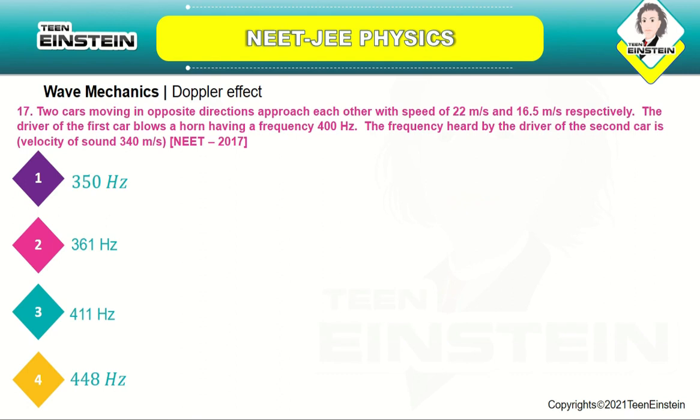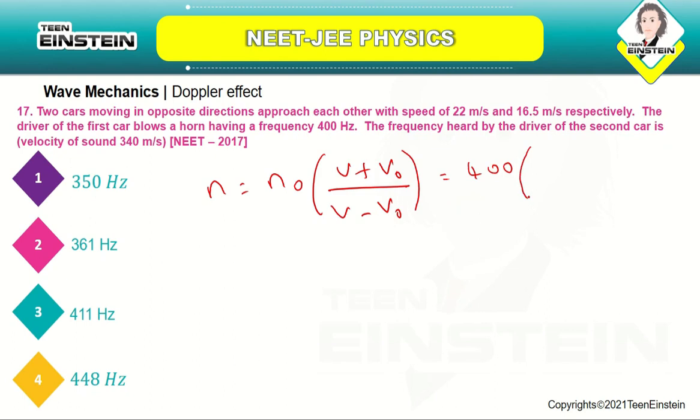Okay, so n is equal to n naught into v plus v naught by v minus vs, which is equal to 400 into 340 plus 16.5 divided by 340 minus 22. Okay, here they have given you the values already.